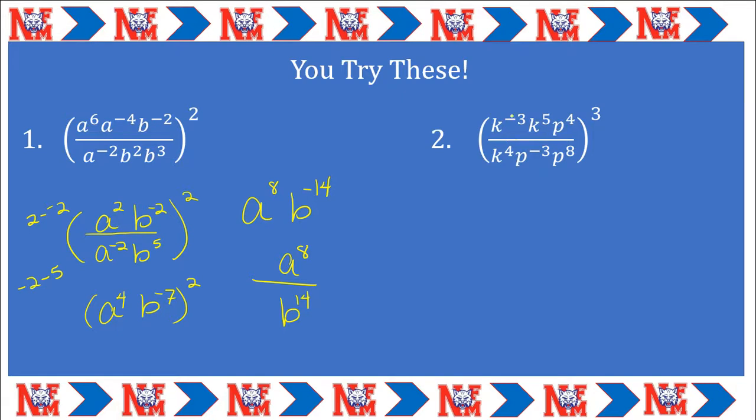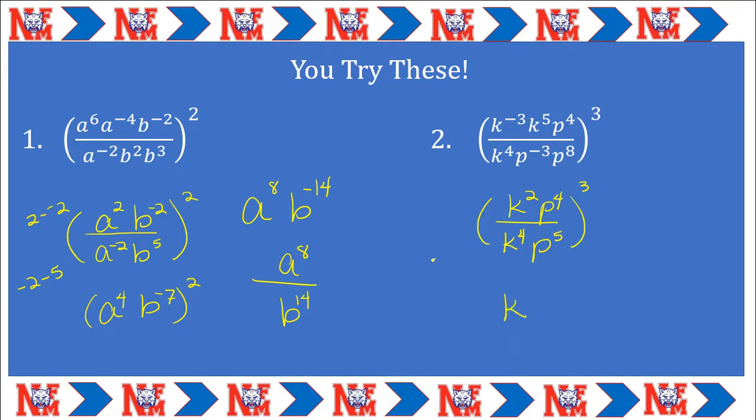Number 2, I'm going to combine my k's and then my p's down here. So in the numerator, I have k squared times p to the 4th. In the denominator, I have k to the 4th times p to the 5th, all raised to the 3rd power. Now let's use the quotient rule.